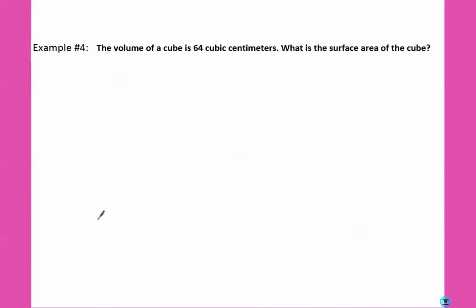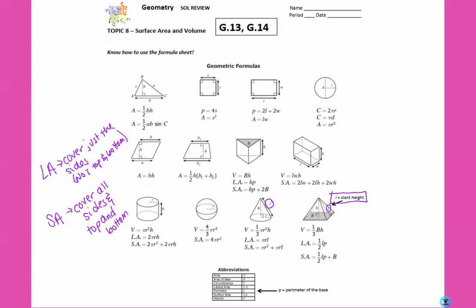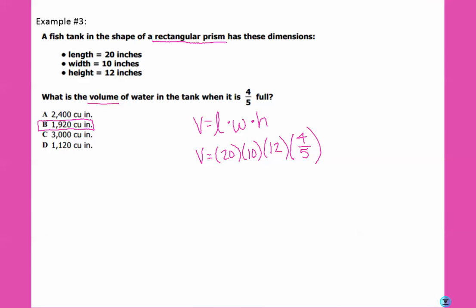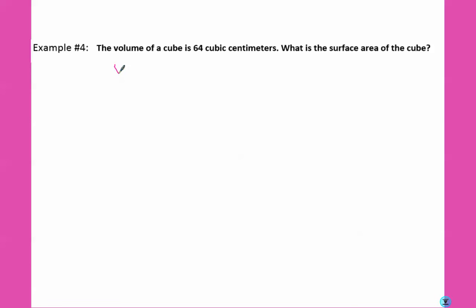Example number 4, the volume of a cube. So a cube is the same as a rectangular prism, just length, width, and height are all the same size. So length times width times height. What is the surface area?